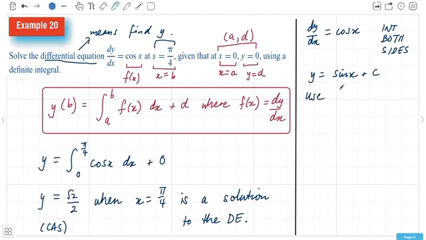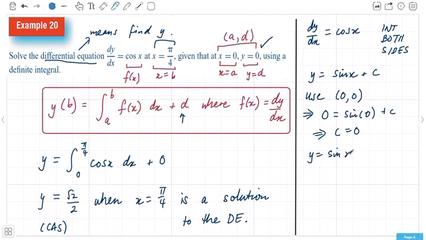We're going to then use 0, 0, which is a point here that we were given. So that allows us to get sine of 0 plus c. And you can see there that the plus c is 0, take away 0, c equals 0. And you can see there that corresponds really to that d. So now we've got y equals sine of x.